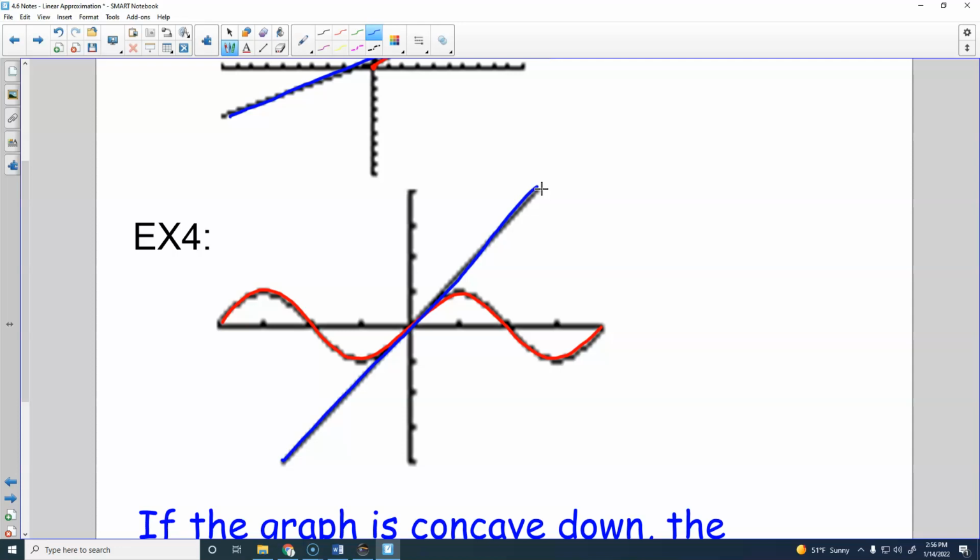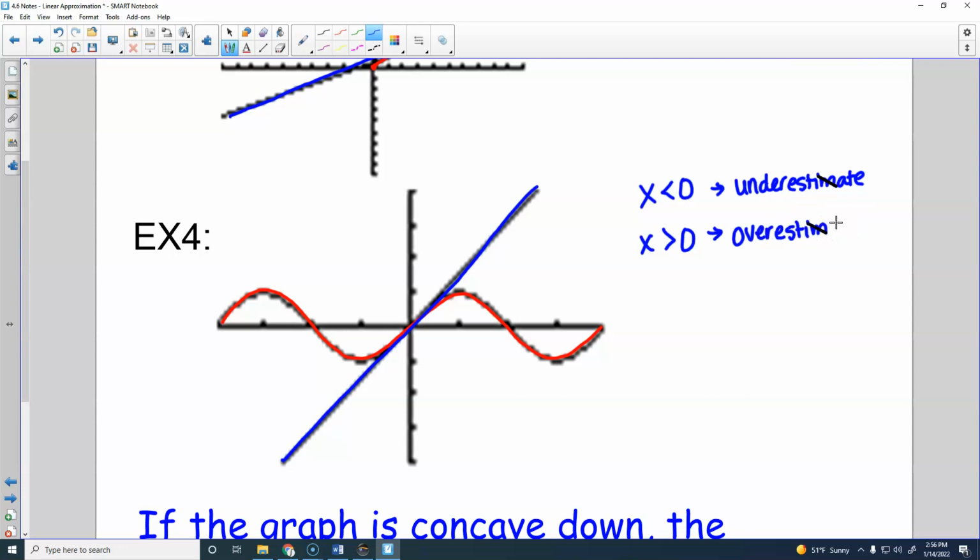No. So what about if x is less than 0? Underestimate, because our tangent line, our blue line, is below the actual graph. And if x is greater than 0 for this one, that would be an overestimate.